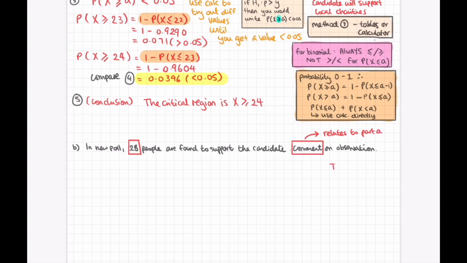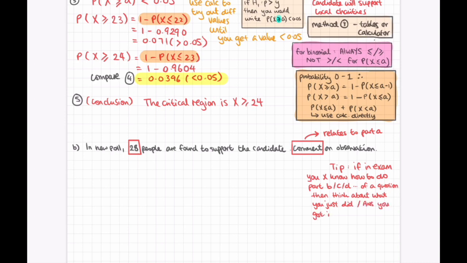A tip is that if in the exam you don't know how to do, maybe like part B plus C plus D of the question, then think about what you just did, or the answer you got in the previous part of the question.